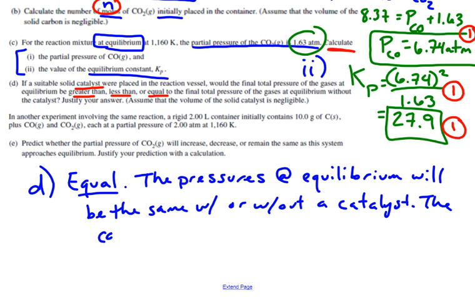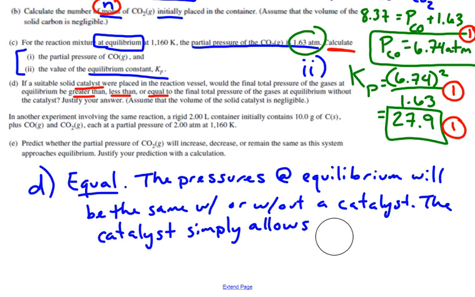The catalyst simply allows equilibrium to be reached.